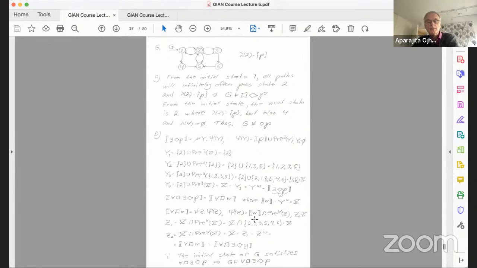So by this fixed point expression, we have formally shown by temporal logic and CTL that this non-blocking condition is true. From the initial state, G satisfies this expression, which can also be expressed as: G satisfies for all, always there exists eventually P, meaning that the system is non-blocking.